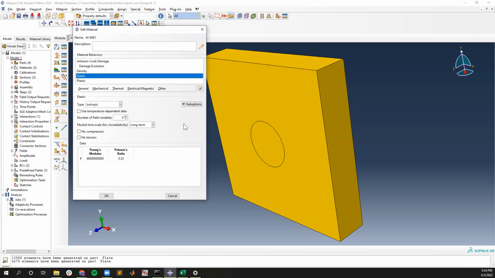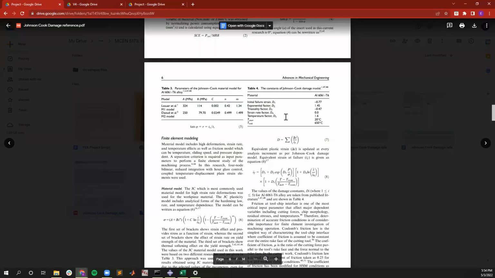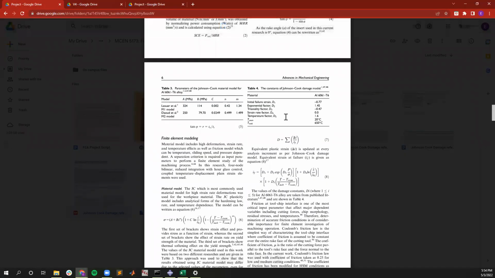So initially, I didn't really understand what this was. So there's always D1, D2, all the way through D5. And these are actually 5 damage parameters that need to be accounted for in the plastic deformation of the plate for aluminum. So this can actually be found just in a research paper.